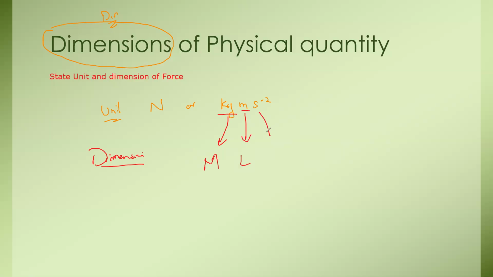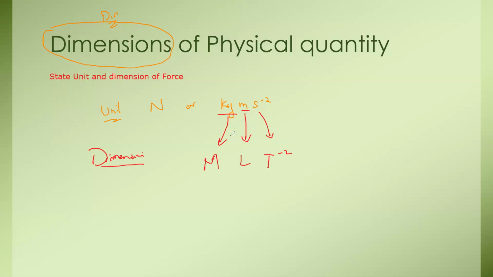Length, L. Which quantity is second raised to power minus 2 representing? It is time, but because it's raised to minus 2, it will be T to the power minus 2. So the dimension of the force is M L T raised to power minus 2.